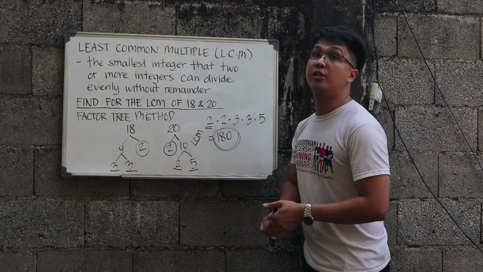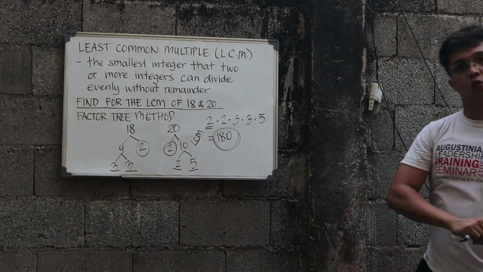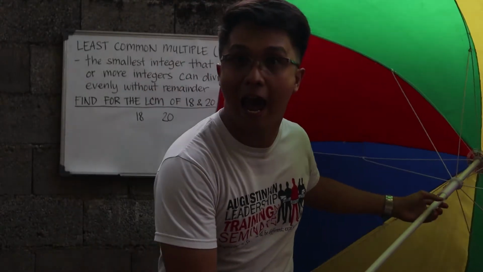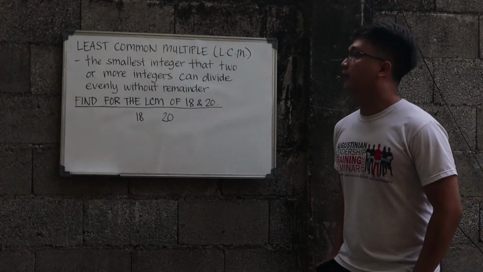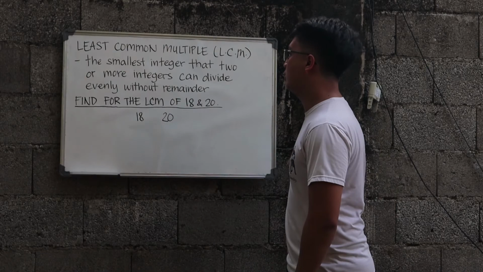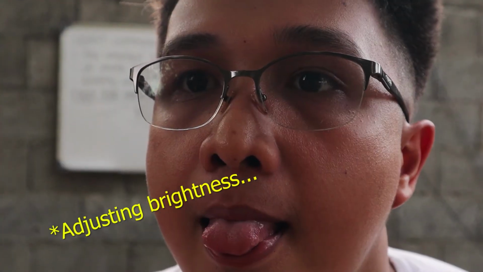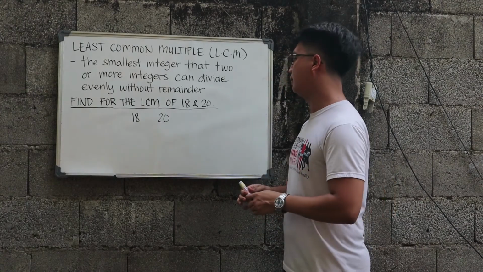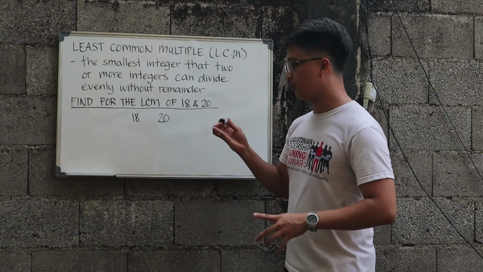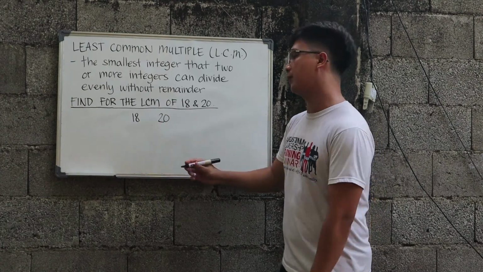Now let's go to continuous division. Okay, last one, the continuous division method. Find the LCM of 18 and 20. What can divide 18 and 20?